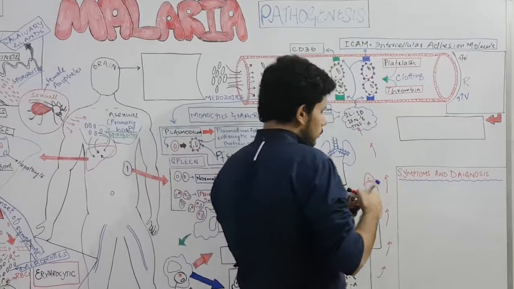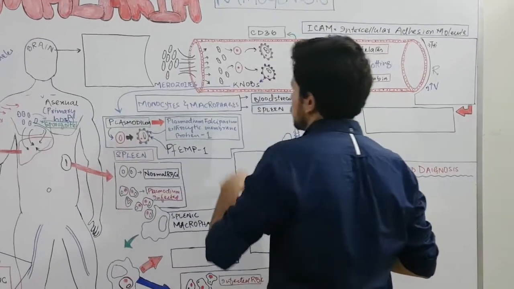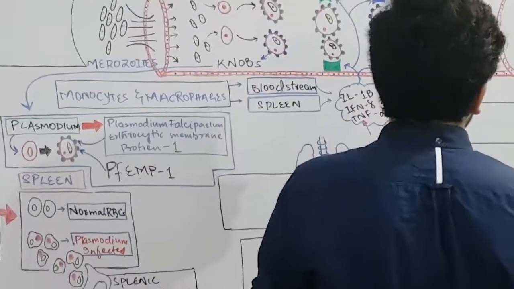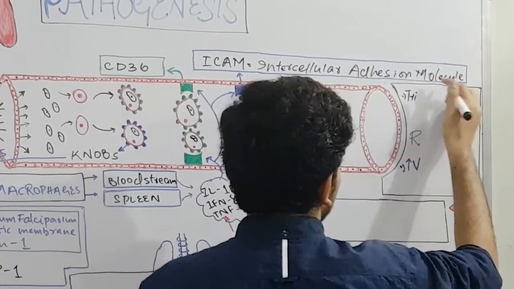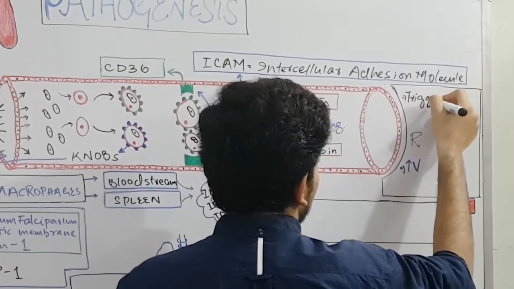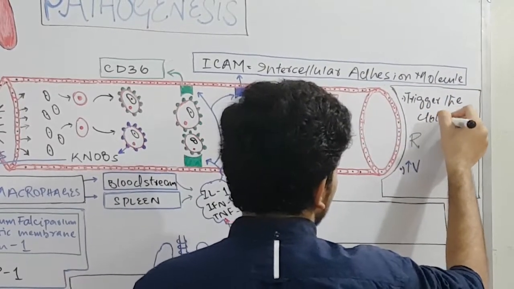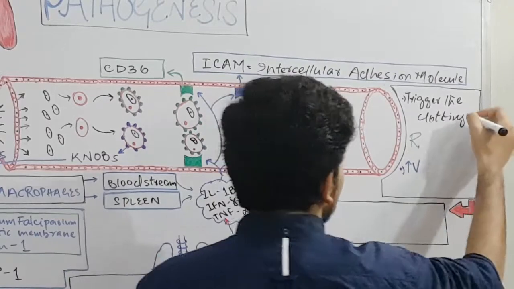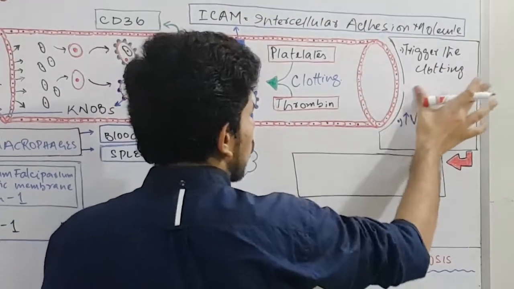So these adhesion molecules, or you can say these knobs, trigger the clotting, and this clot is known as rosette.